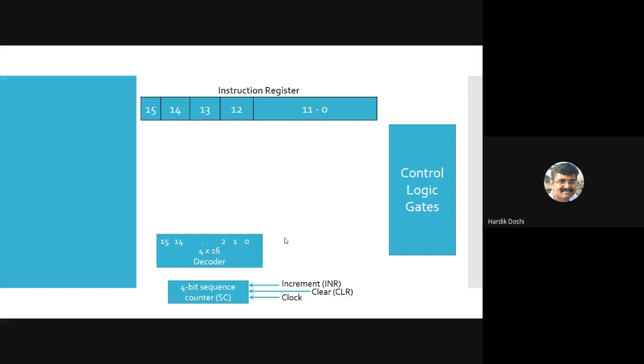Now again tell me. If I give 0, 0, 0, 0 as an input to the decoder, what will be my output?